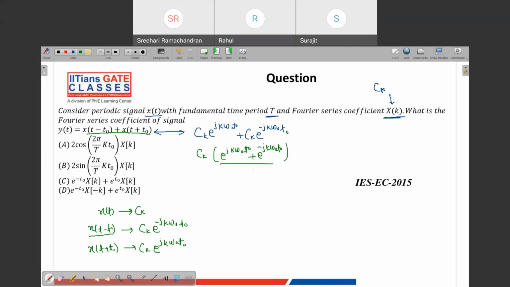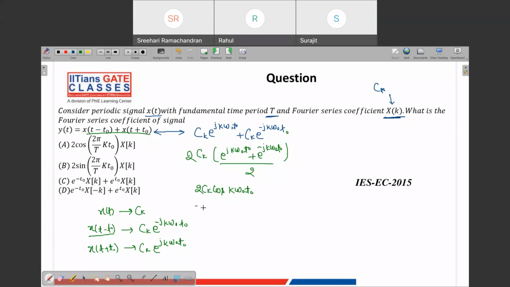You can divide it by 2 and multiply it also by 2. Now this will be the cos, so you can write it as 2 c k cos k omega naught t naught, where omega naught is equal to 2 pi by capital T.